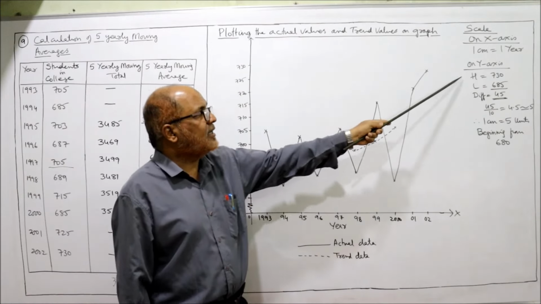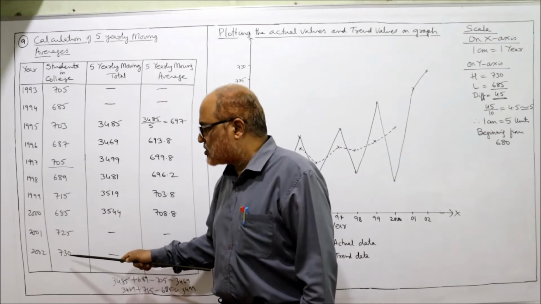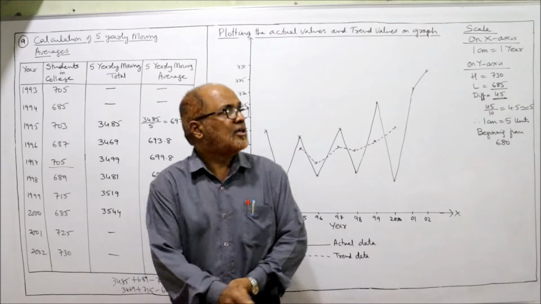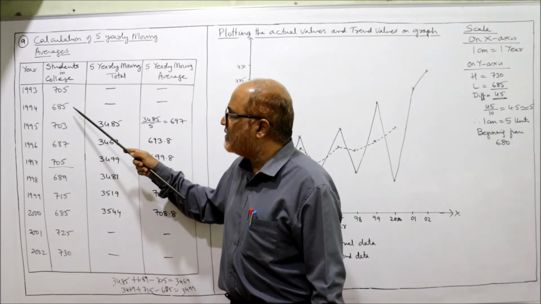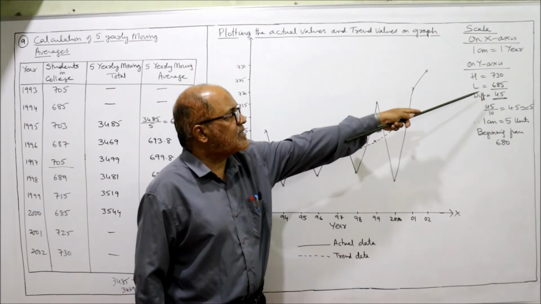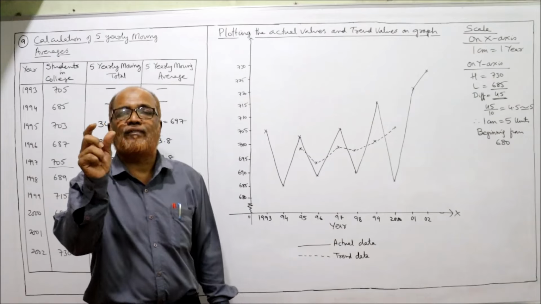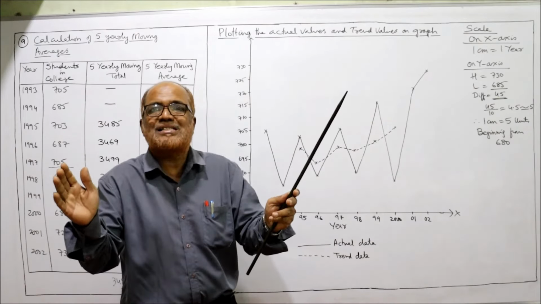The highest value is 730. The lowest value is 685. So 730 minus 685, you are getting a difference of 45.